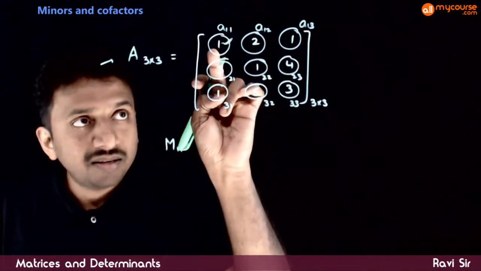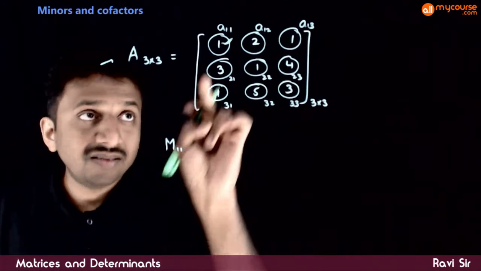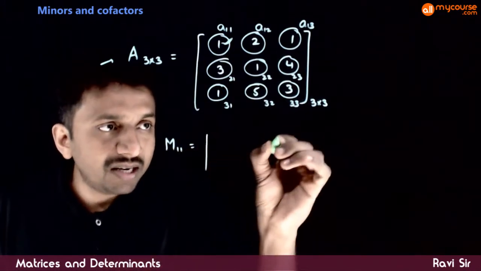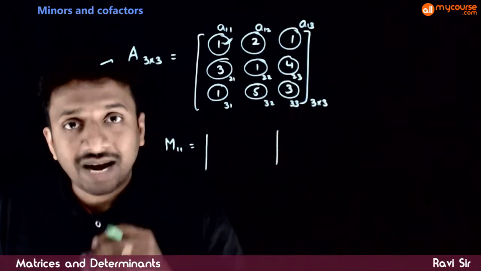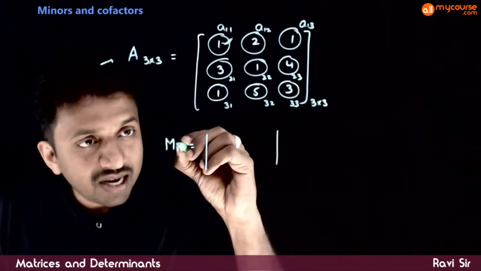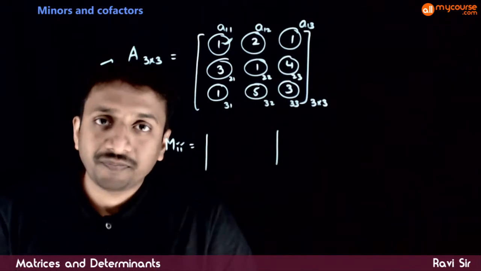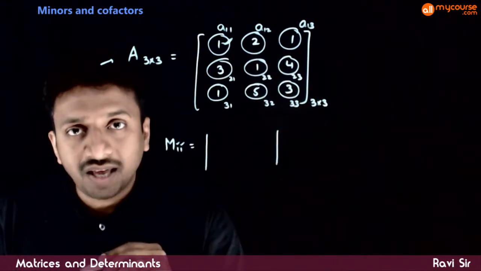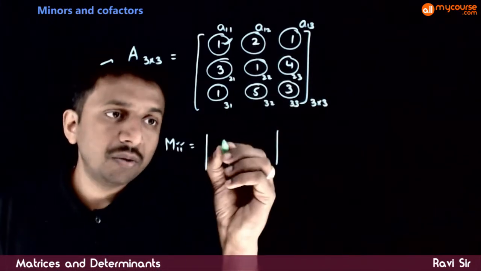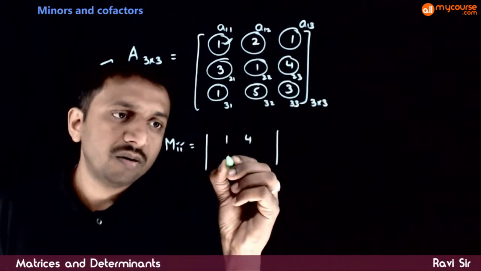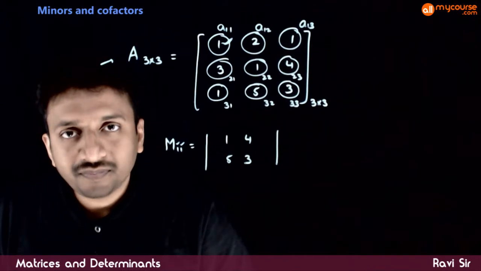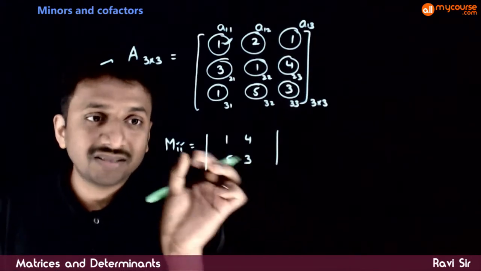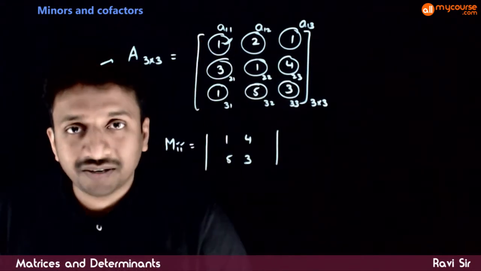A11 is 1. The minor of this element is nothing but the determinant of the submatrix after eliminating the first row and the first column. So if you eliminate the first row and the first column from A, what is the submatrix that you get? 1, 4, 5, 3. The determinant of this submatrix is the minor of this element.